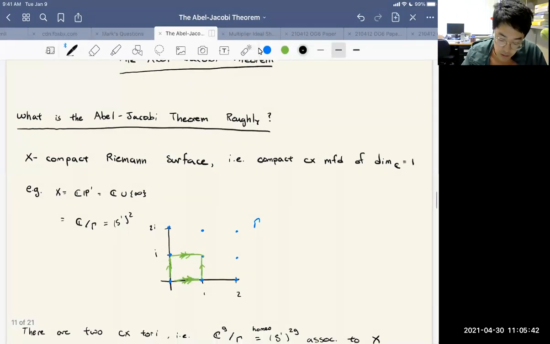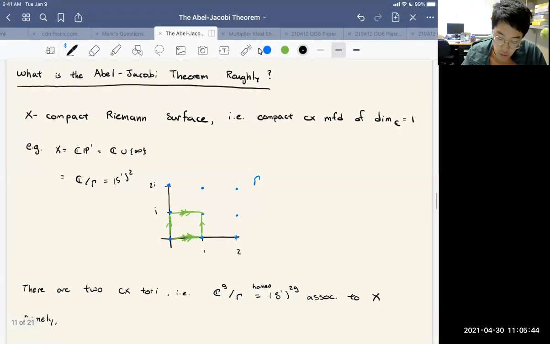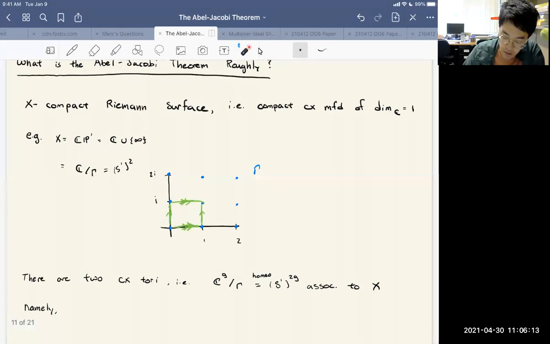Now I want to briefly say what the Abel-Jacobi theorem says. Given a compact Riemann surface, there are two natural complex tori, which are generalizations of C mod gamma. That is, a complex vector space of dimension g, modulo some subgroup, and again, similarly to this one, it's homeomorphic to S1 to the 2g.